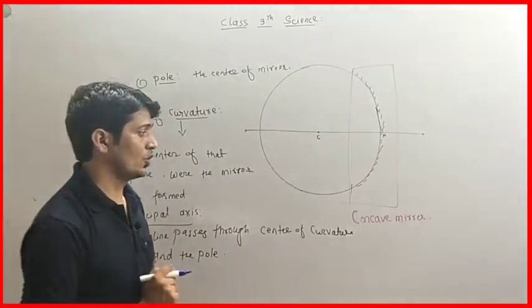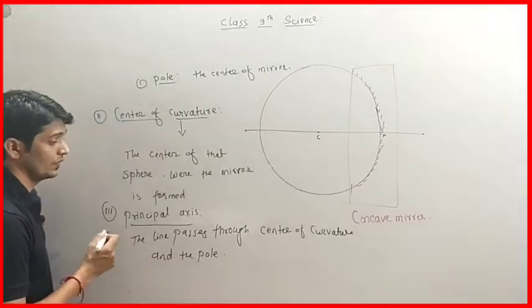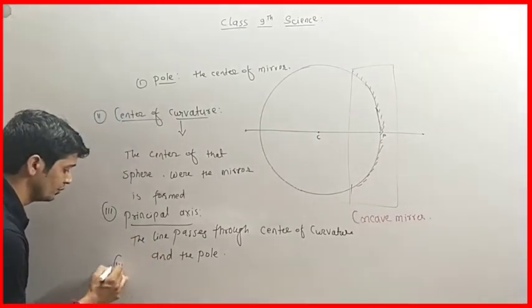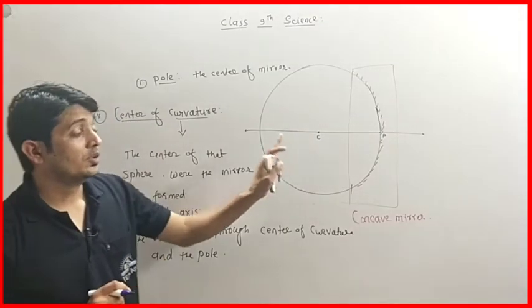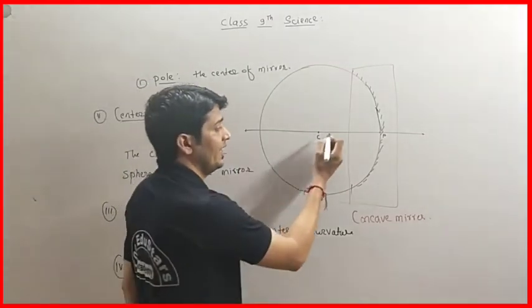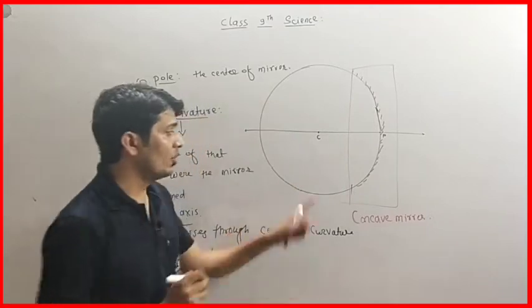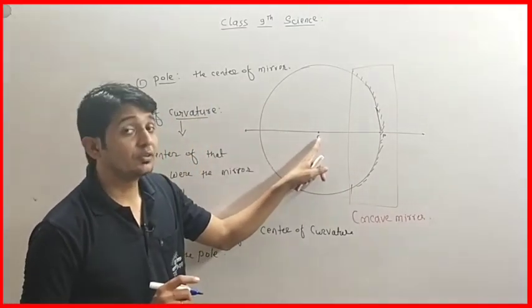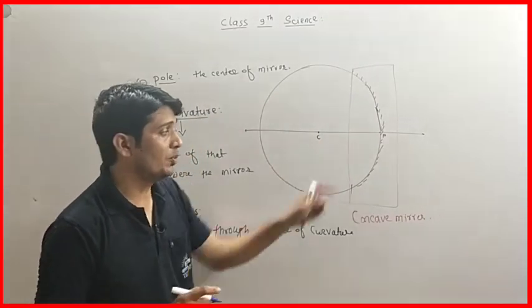Okay. Next concept. Fourth concept. We have the principal focus. Principal focus is the point between the center of curvature and the pole.